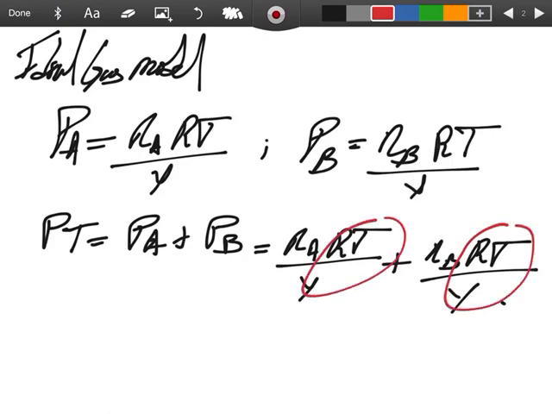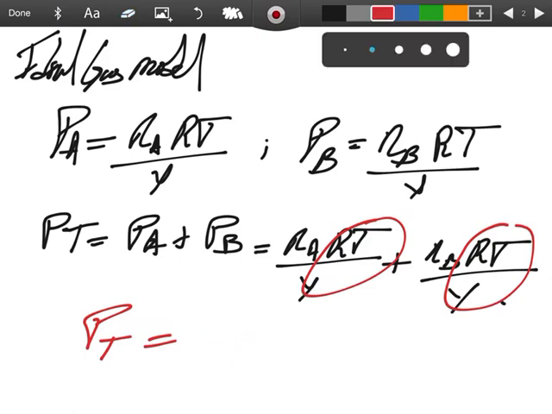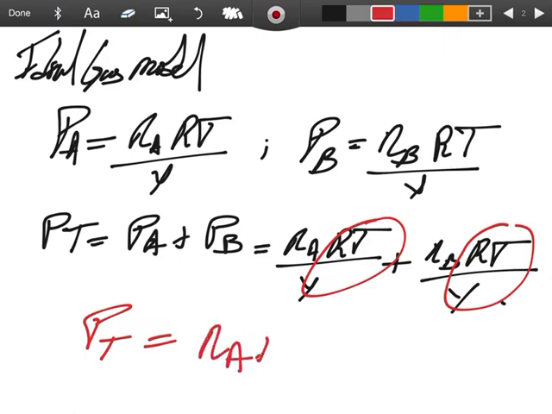So something that it could be convenient to do is to now model PT as the same as the number of moles of A plus NB, times RT over V.